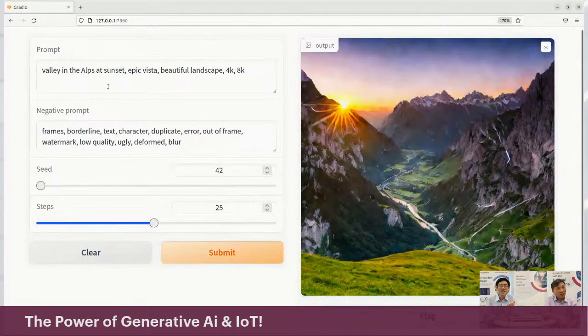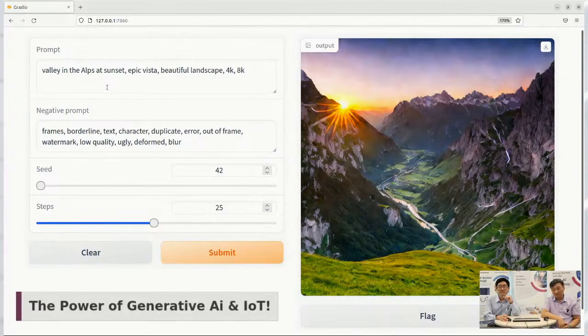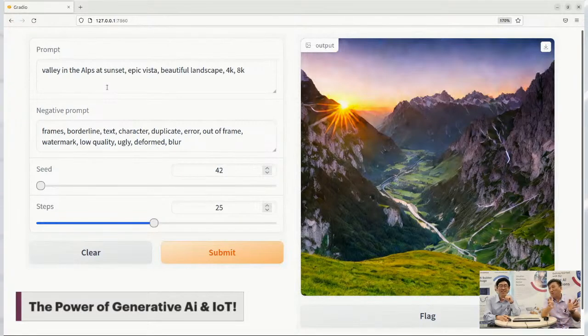So this one I read out: at sunset, epic vista, beautiful landscape with 4K or 8K kind of resolution. This prompt will generate this image for you.